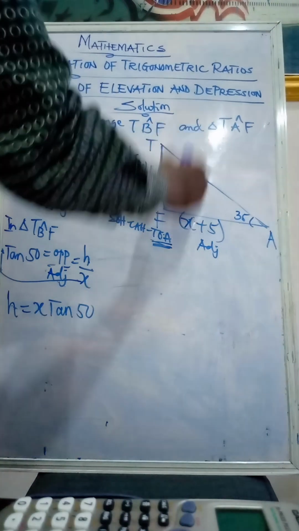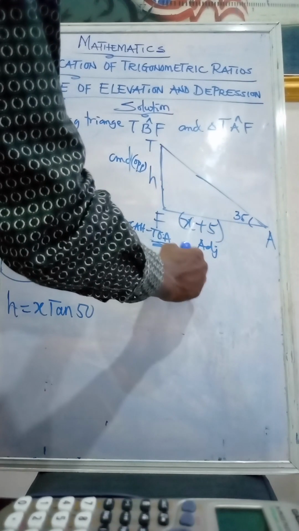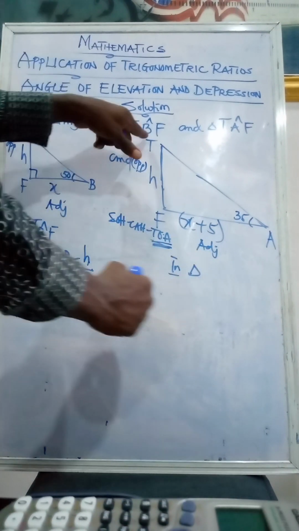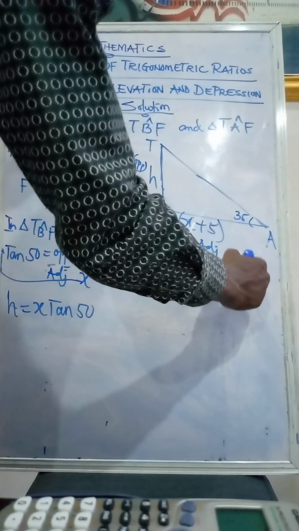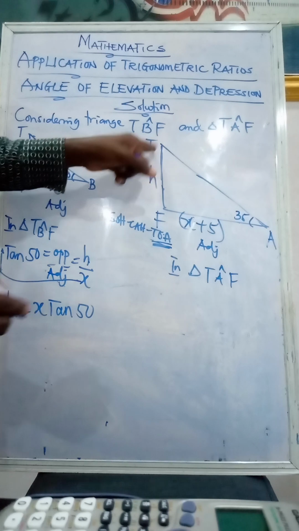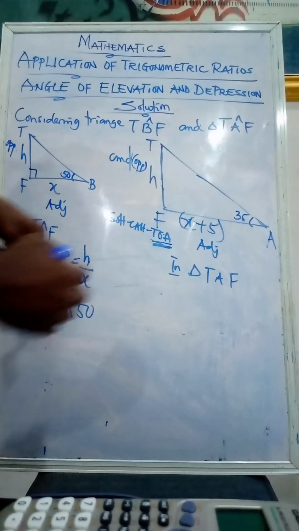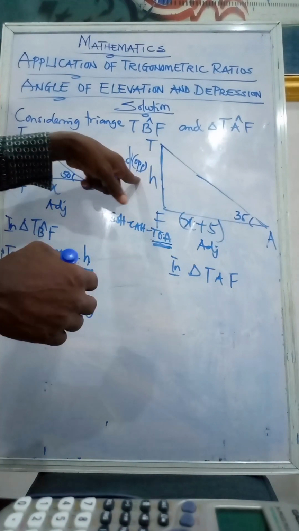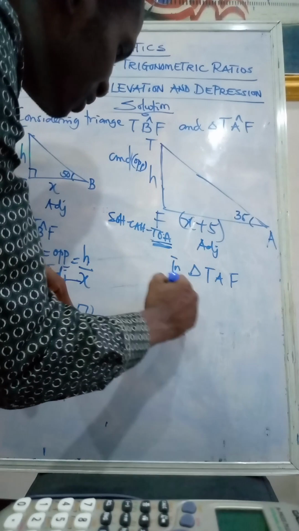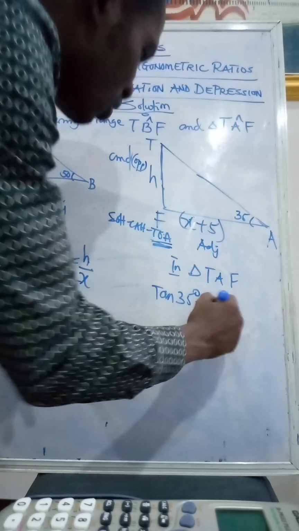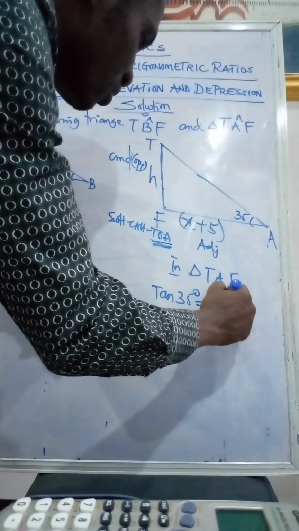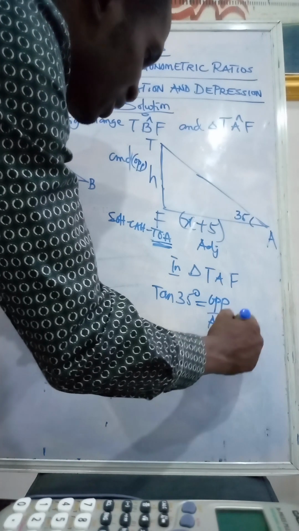Likewise, in triangle TAF, we are also using TOA, which is tan 35 degrees equals opposite over adjacent.